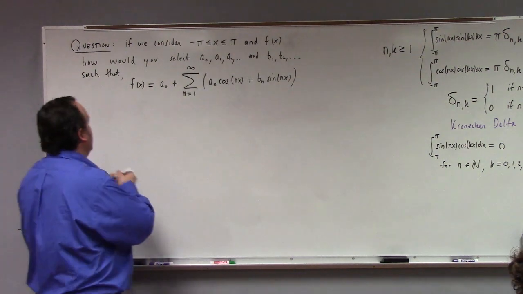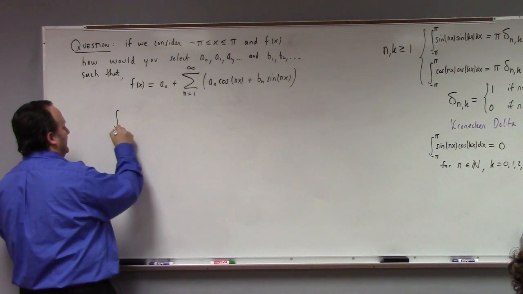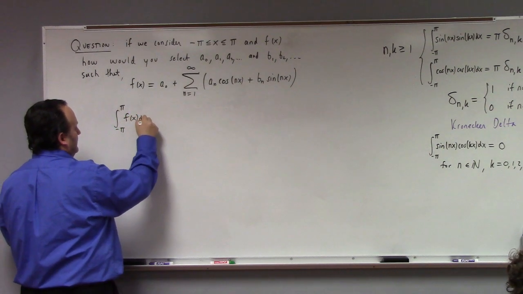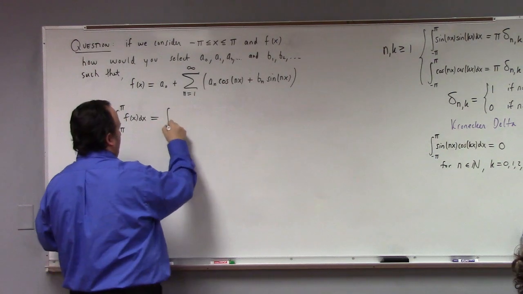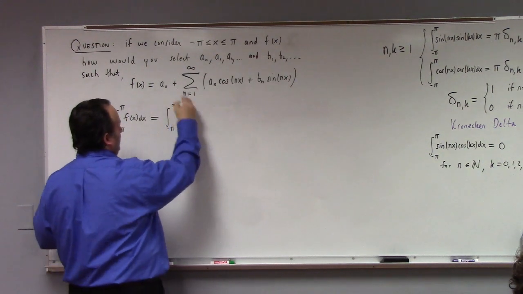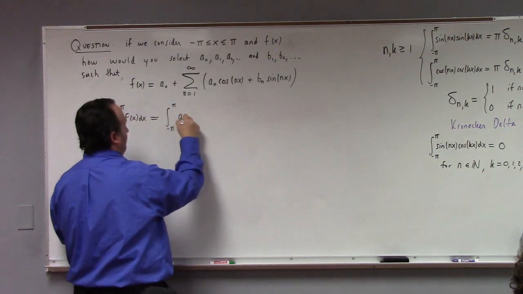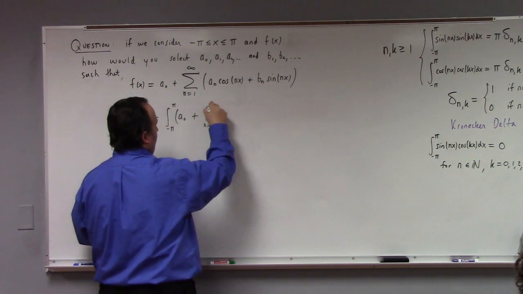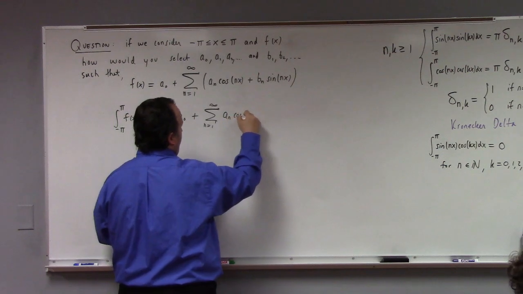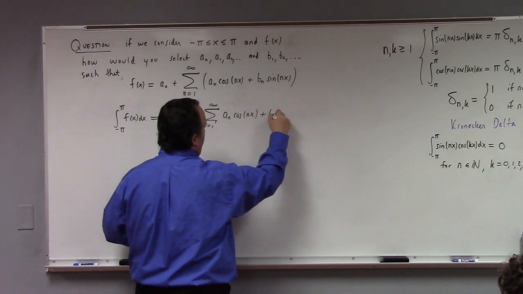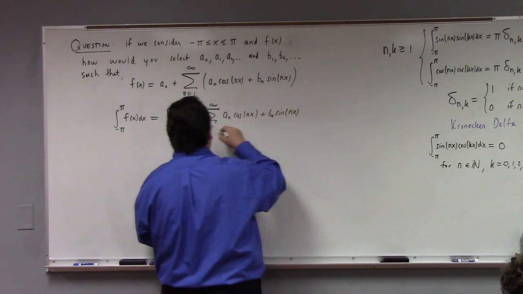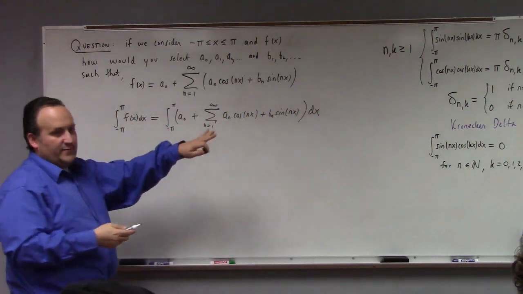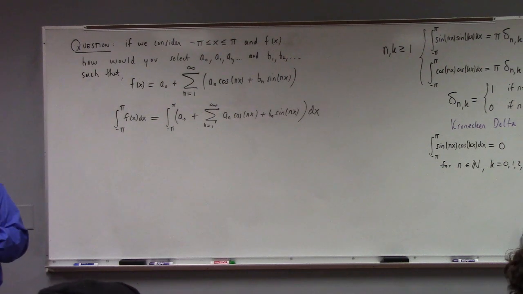For example, if I integrate from minus pi to pi of f of x dx, and I integrate from minus pi to pi of this stuff over here, what's going to happen? Well, we worked out some of it, and you'll trust me for the rest of it.